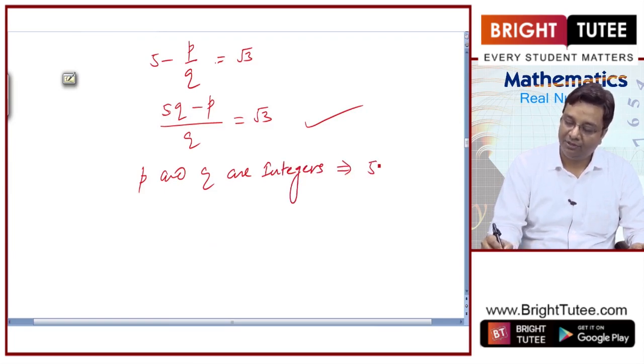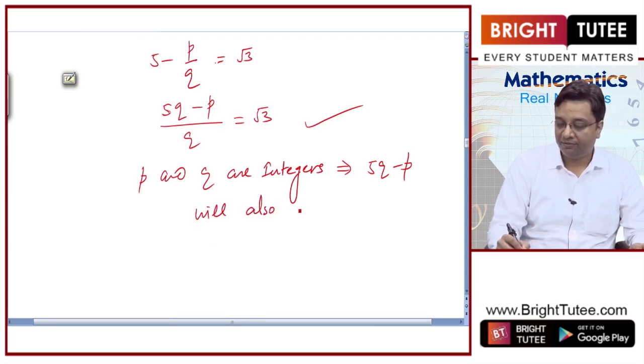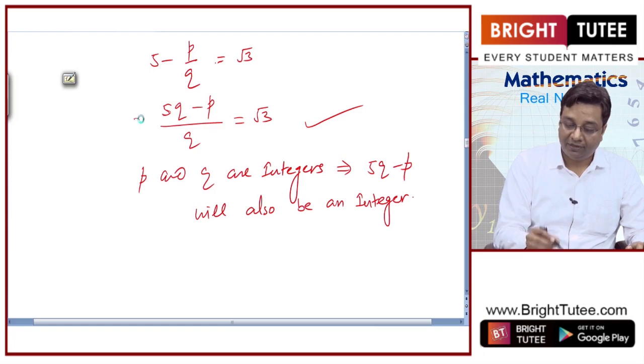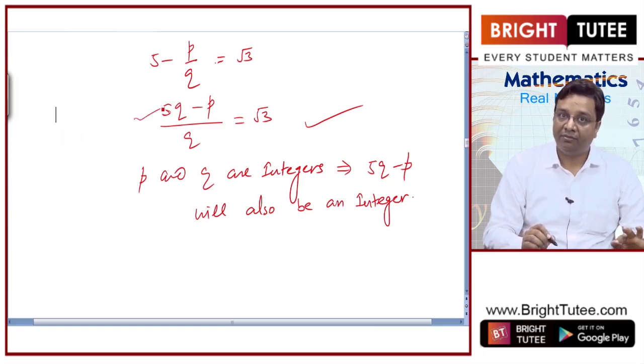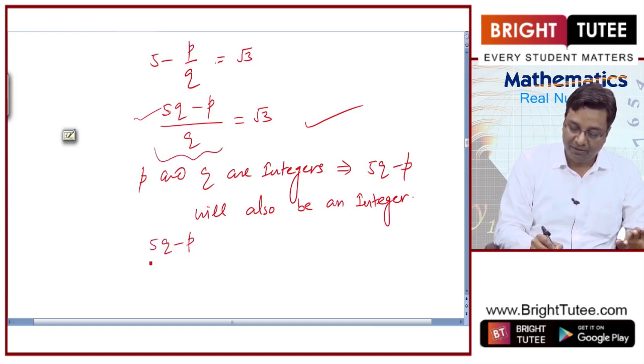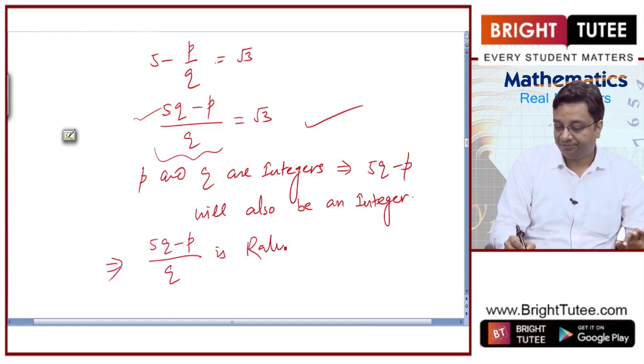So 5Q minus P will also be an integer. And this integer 5Q minus P is being divided by Q, which is non-zero. Hence I can say this left hand side, 5Q minus P by Q, is rational.